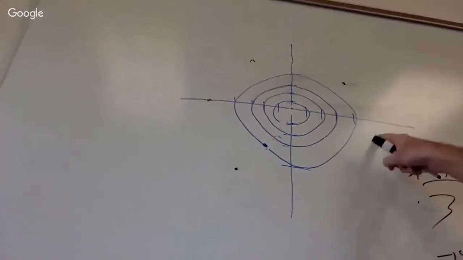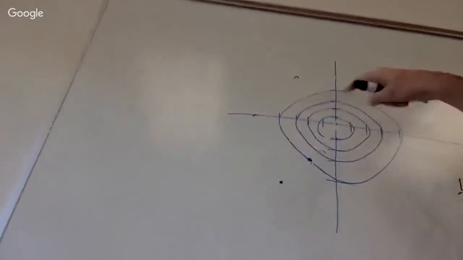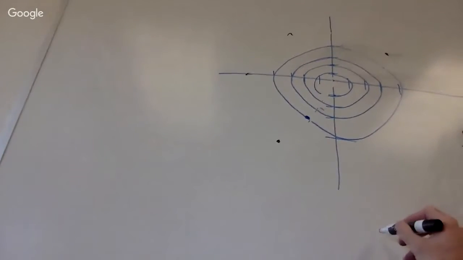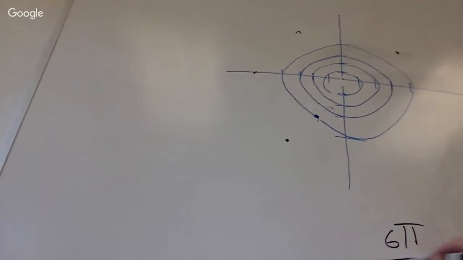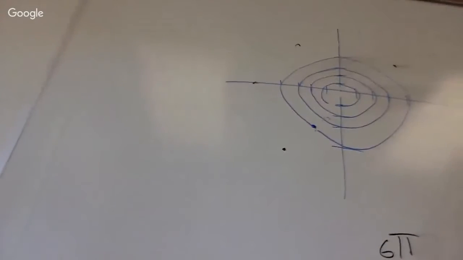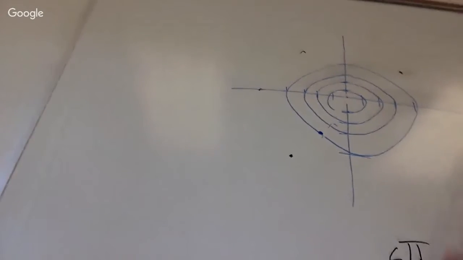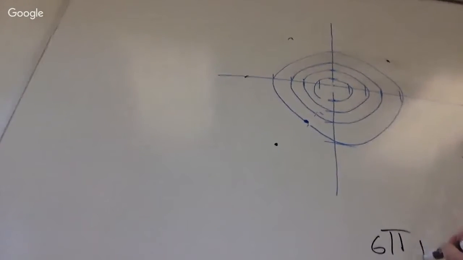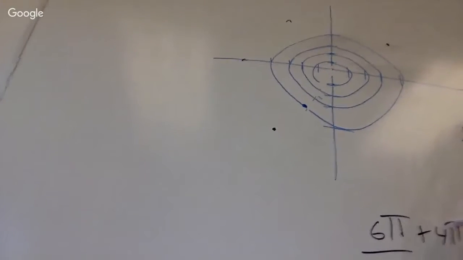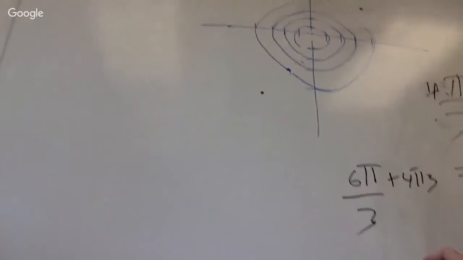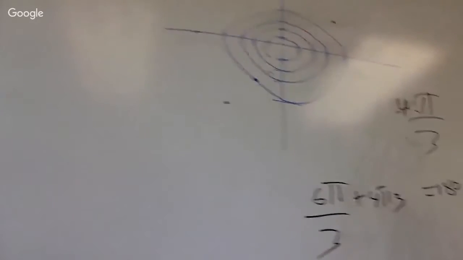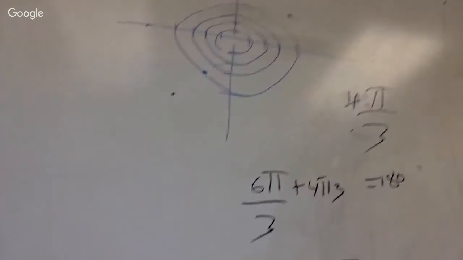So we want to go around the circle now, 360 degrees. We know that 6 pi thirds is 360 degrees, but we're not at 0, we're at 4 pi thirds. So we just add 4 pi thirds onto that, which would give us 10 pi thirds, okay?